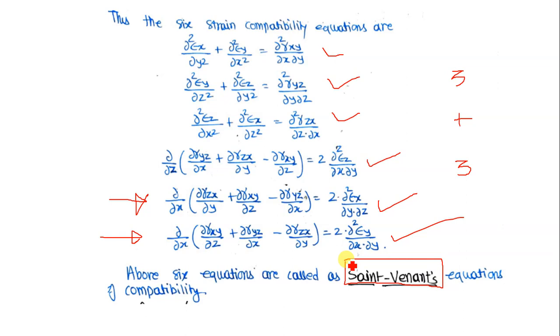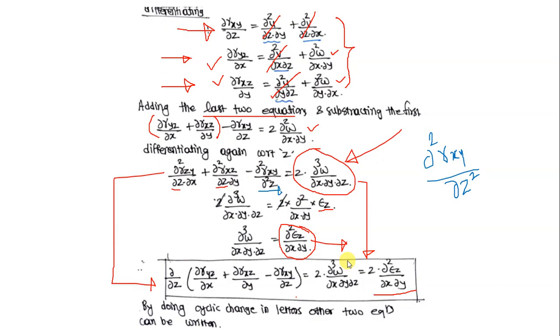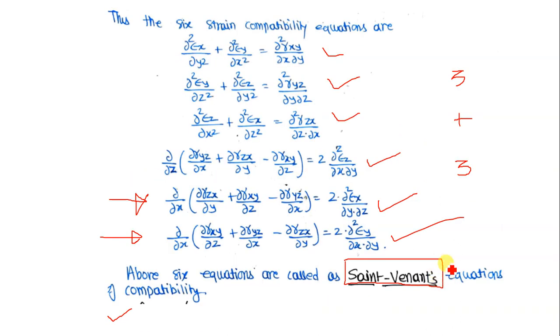If there is a question in the examination about derivation of Saint Venant equations, then you have to solve the problem completely. As far as possible, you should not write like this: by doing cyclic change in letters other two equations can be written. No, you should show the actual derivation in your answer sheet.